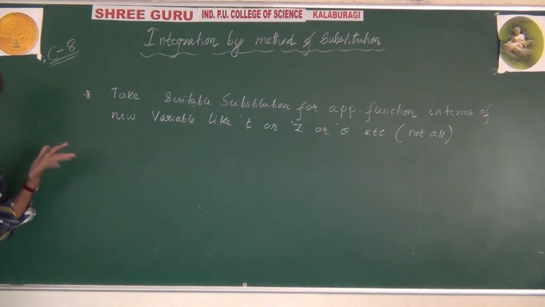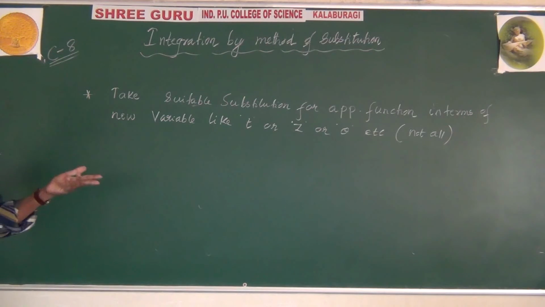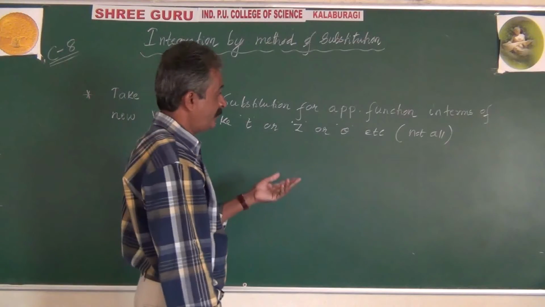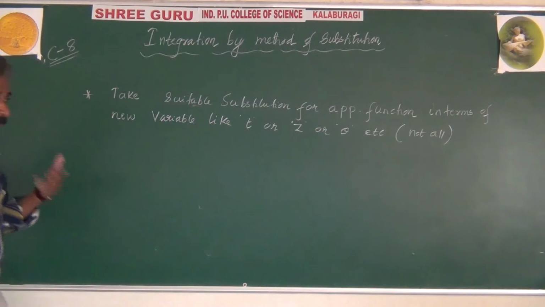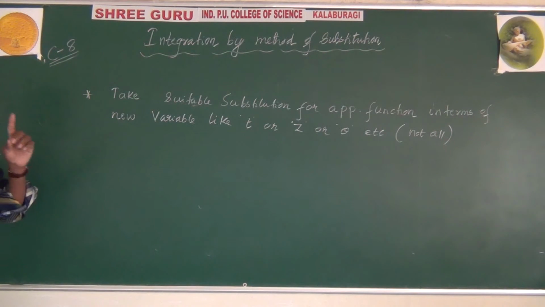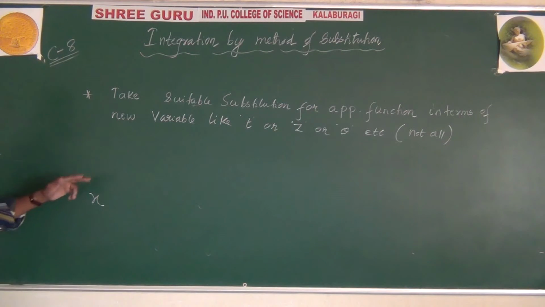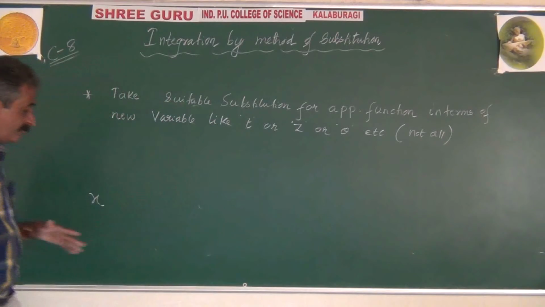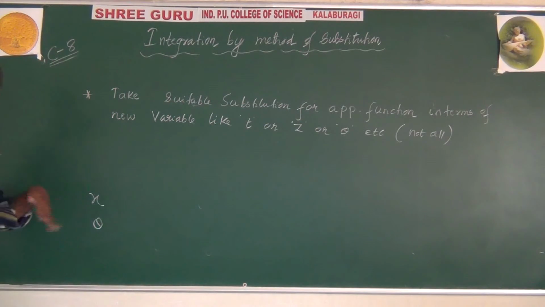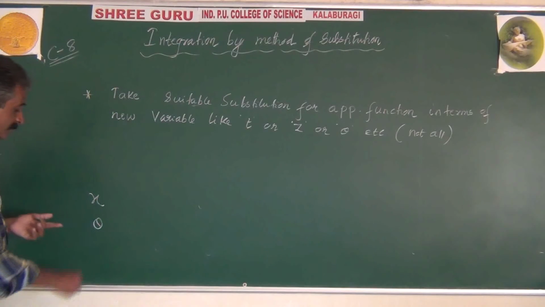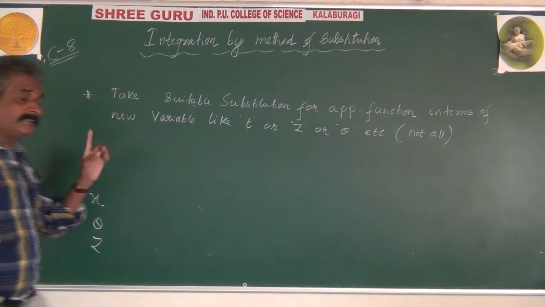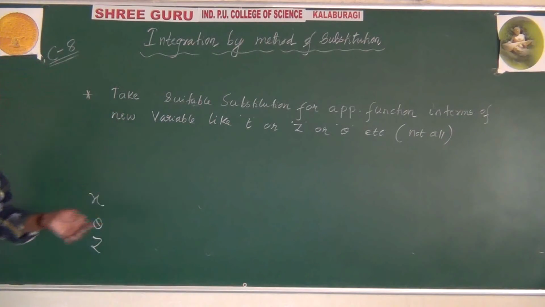If you want to take t, take t, or you can take z, or theta, or u, or v, or r, or alpha. It depends on your choice, but except the present variable. If the present variable is x, take other than x. If the present variable is theta, take a variable other than theta. If the present variable is z, take other than z as the substitution variable.